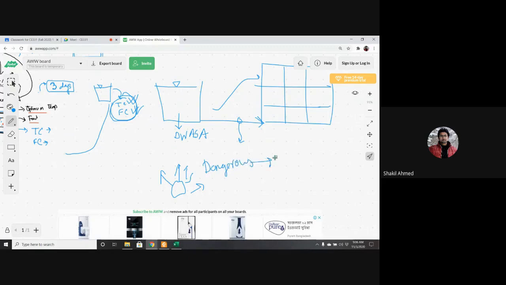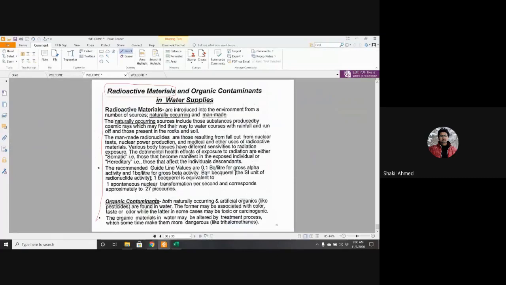It can cause you cancer. So these are extremely hazardous wastes, and you need to deal with them very carefully. They can be both naturally occurring and man-made.